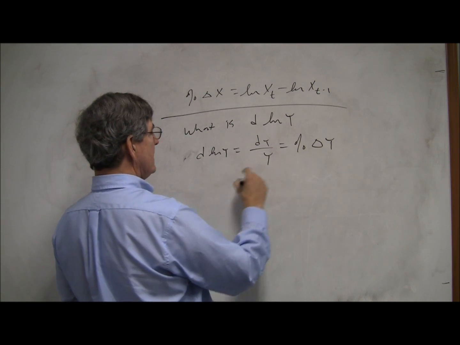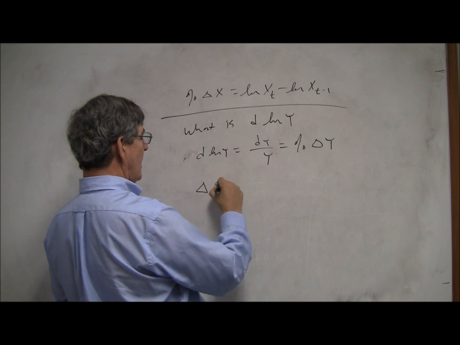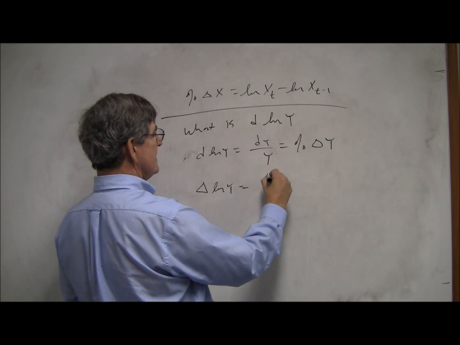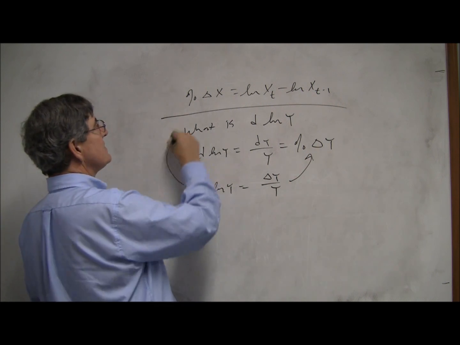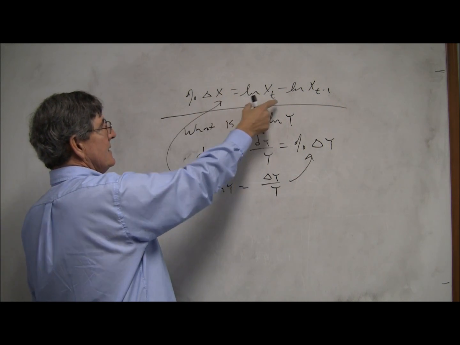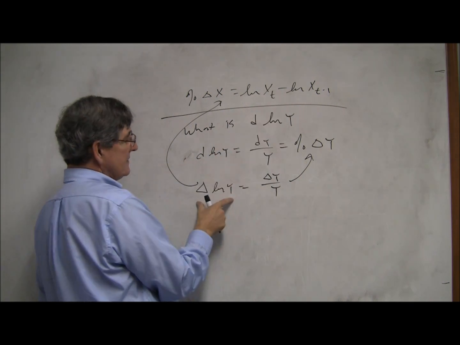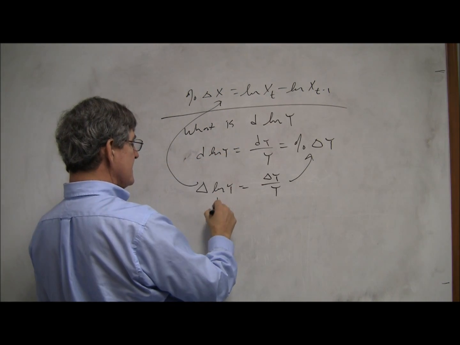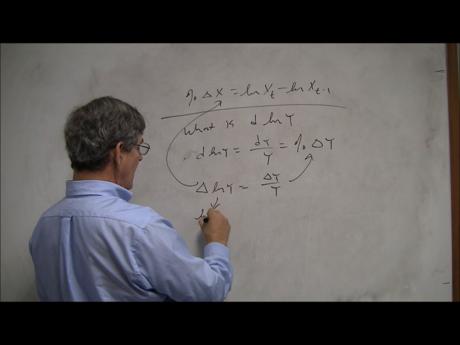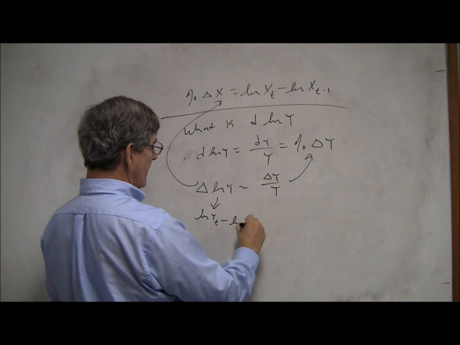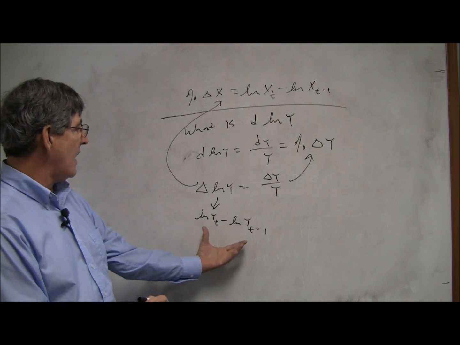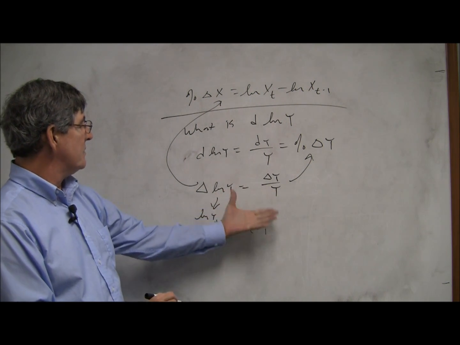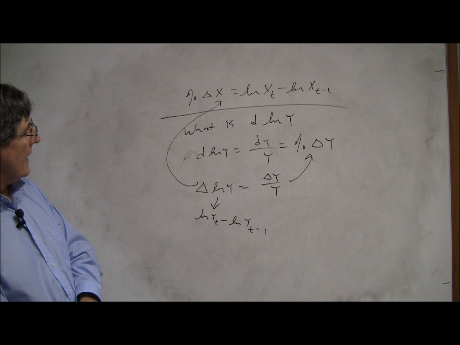This means percentage change. Delta log y is dy over y. Again, it's the percentage change in y. And this is something like log yt minus the log of yt minus 1. That'd be the change in the log of y over time. And that's equal to the percentage change in y.